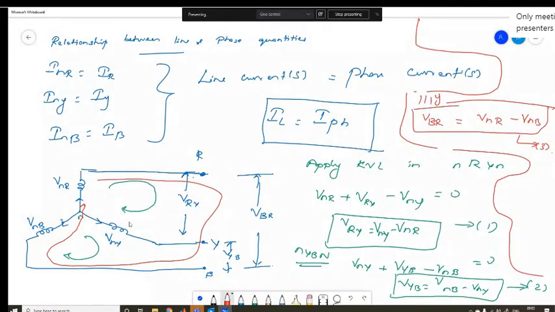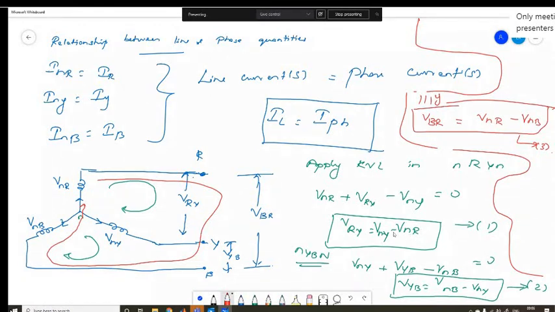I want you to be aware of one more thing. All these are actually vector quantities. I have not given the vector sign here, but you must know that VRY, VNY, VNR, VYB are all vector quantities. When I say VNY minus VNR, I am adding the vector of VNY with the reversed vector of VNR.